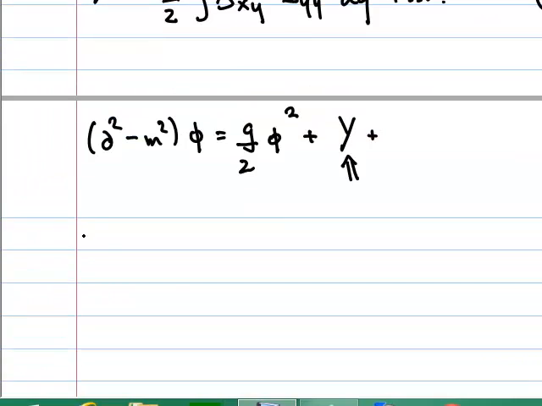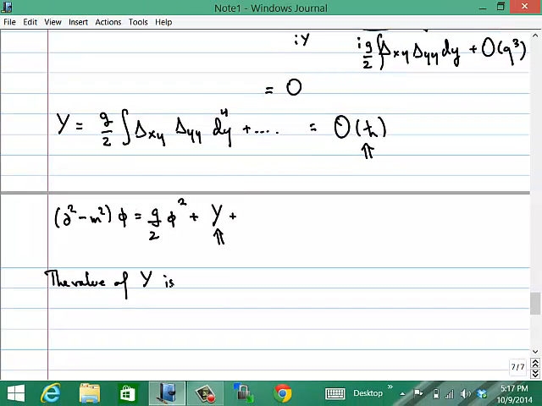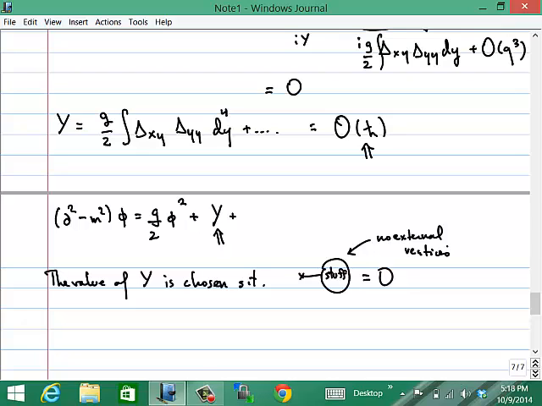In particular, the value of y is chosen so that whenever you have a diagram that looks like this, where you have random stuff in here, so this could be any combination of vertices and lines, this will be equal to 0, provided there are no external vertices hidden among that stuff.